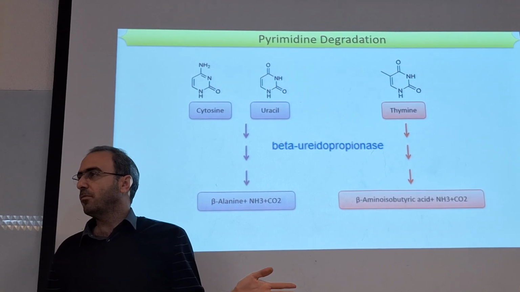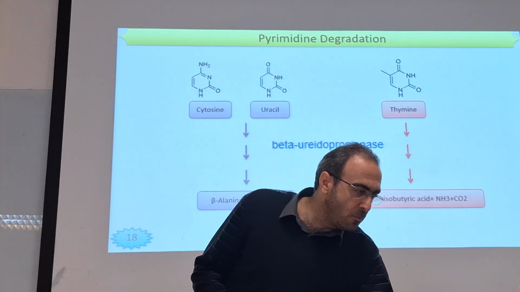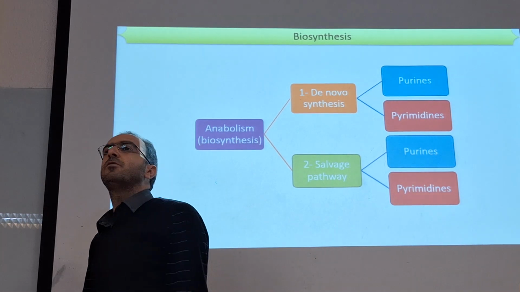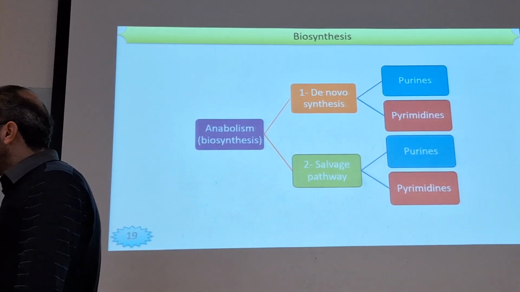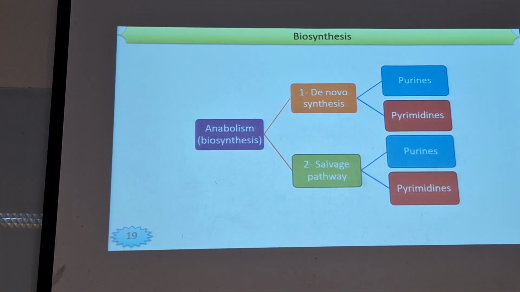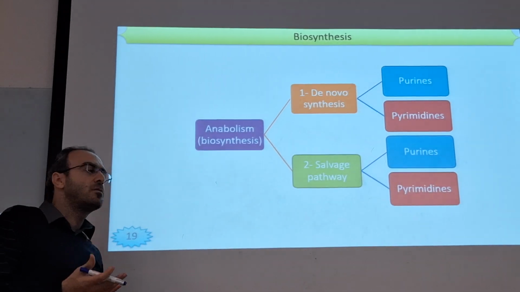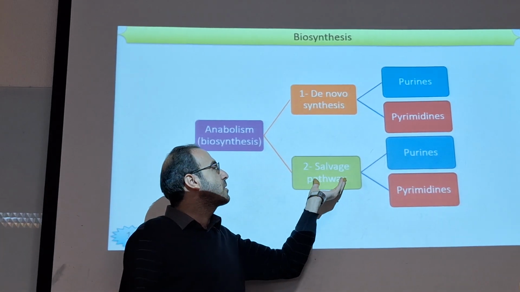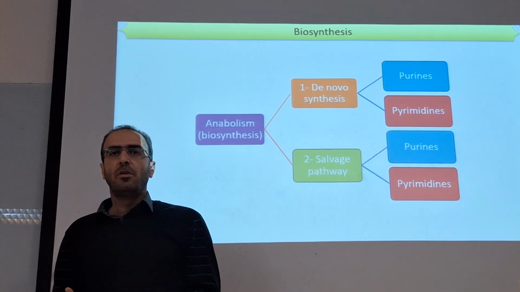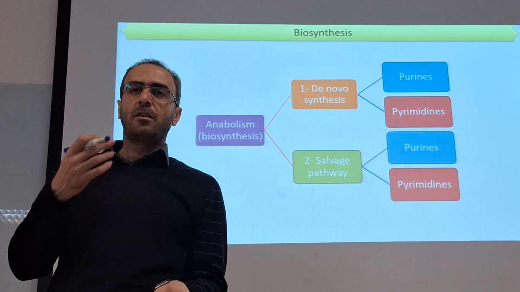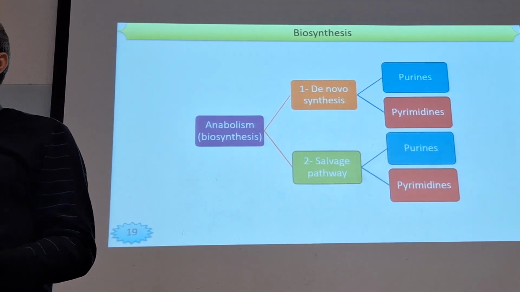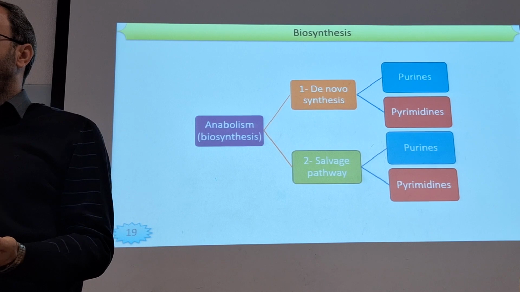For catabolism of pyrimidine. Then we are going to talk about the de novo synthesis, and actually for salvage, the differences of salvage and de novo. Salvage means recycling, garbage recycling, you know.